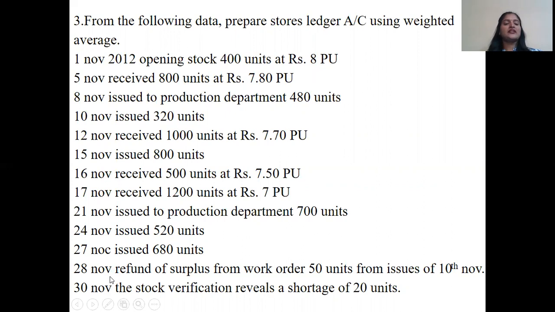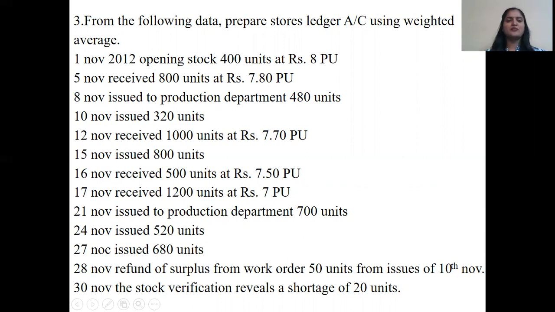On 28th November, refund of surplus from work order 50 units from the issues of 10th November. On 30th November, stock verification reveals a shortage of 30 units. Now, let us move on to the problem.